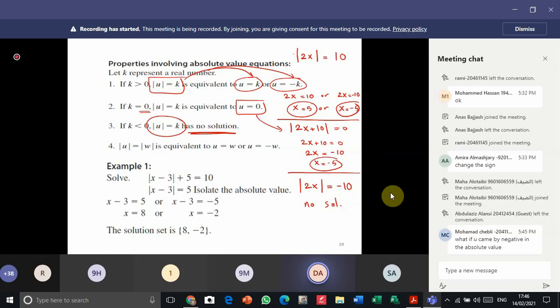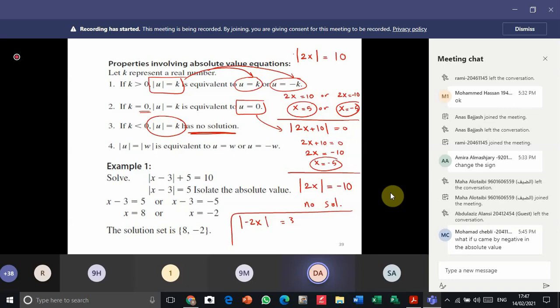What if you have a negative inside the absolute value? No problem. For example, the absolute value of minus 2x plus 1 equal 3, or without the 1, like this.